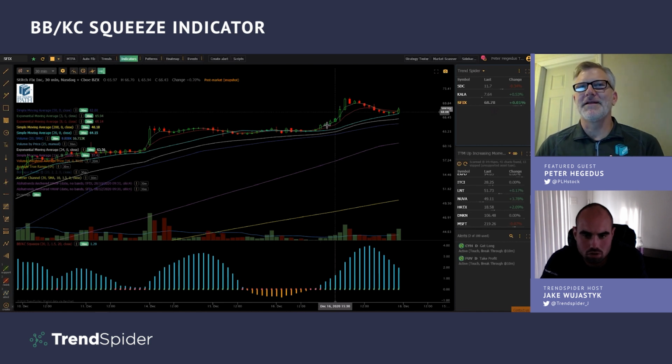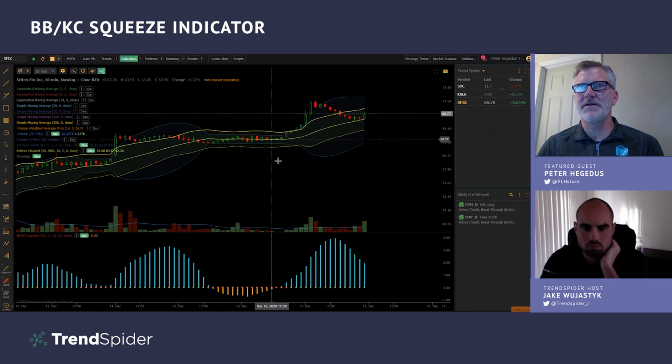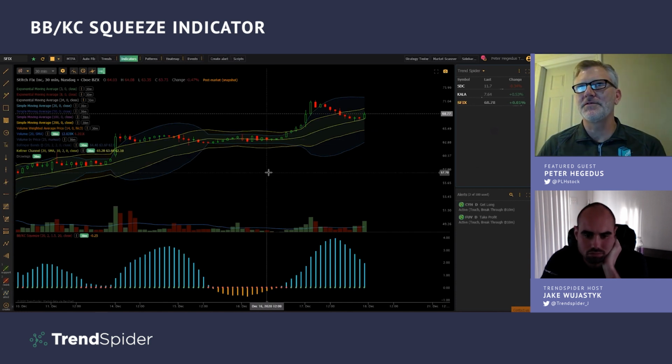Now, a lot of people will look at this little indicator here and say, well, how does that work? How does following these little red dots make any sense? What's really interesting is if I go over to a different workspace here and I have just a blank chart, I've taken all my other indicators off, at least my other upper indicators, other than the Bollinger Bands and the Keltners. And this helps really visualize why this works. Because if I look at the period in the squeeze here, right?